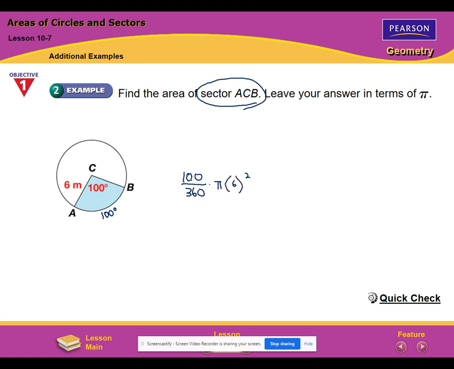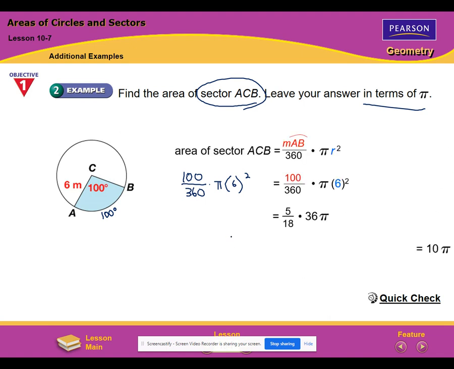Now we can reduce this fraction if you want. You can type this right into a calculator. Do notice they said leave it in terms of pi, so we should not use the pi button in this case. You could do 100 out of 360 times 36 and get the number. You could simplify this fraction first. That's 10 over 36. That's 5 over 18. 5/18 times 36, and do the math that way.